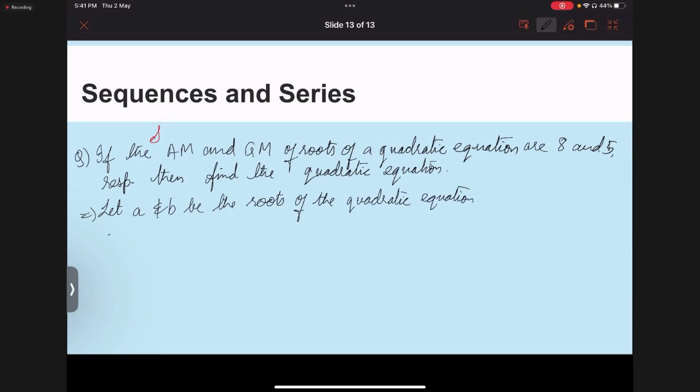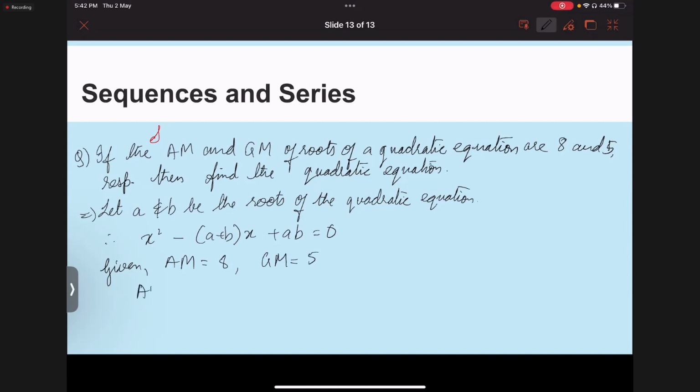Therefore the quadratic equation then becomes x squared minus (a + b)x plus ab is equal to 0. Now we have the given values. AM is equal to 8 and GM is equal to 5.